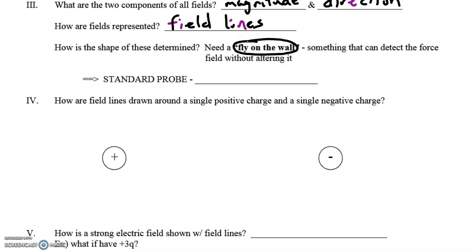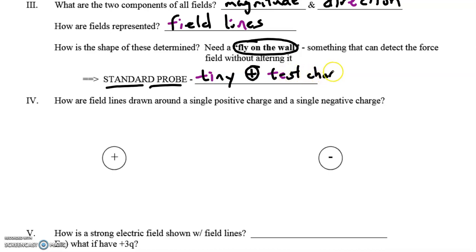So the standard probe, how do you sense a force due to a charge? Well, you have to have charge. You can't sense force or electrical force unless you have the property of charge. So we need a little probe that has charge, but it's going to be a really tiny charge. So again, the standard is a tiny positive. For whatever reason, physicists chose a positive test charge.